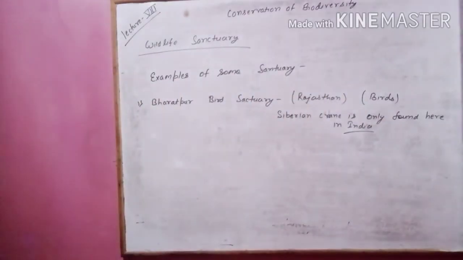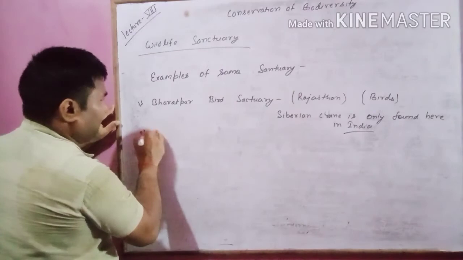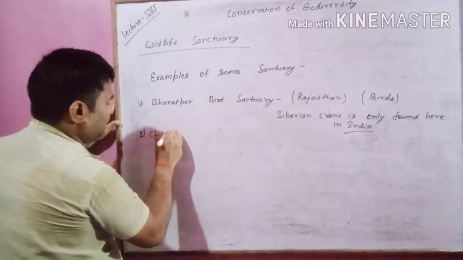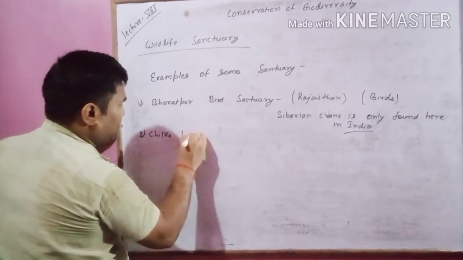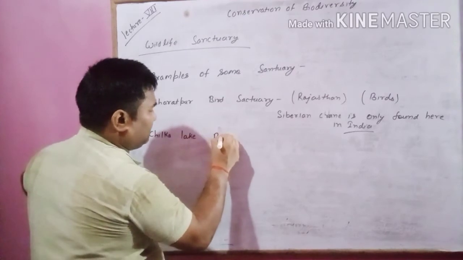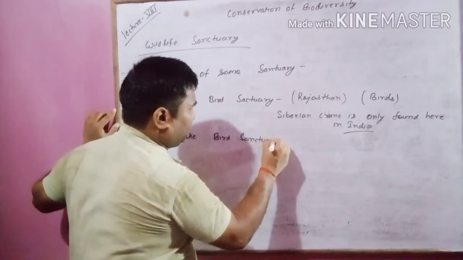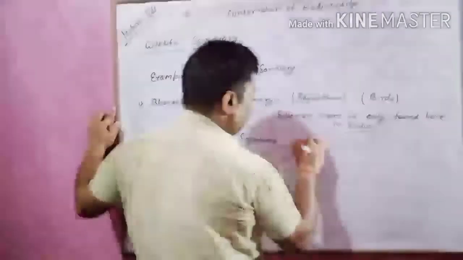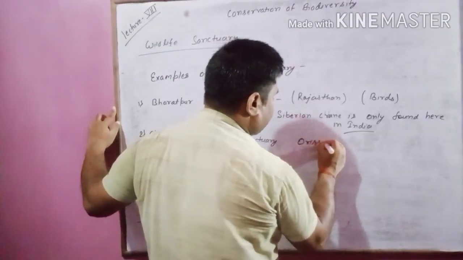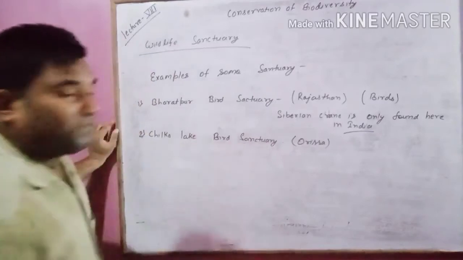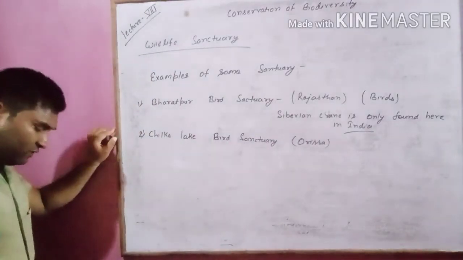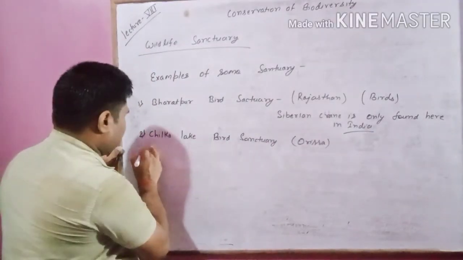Next is Chilka Lake Bird Sanctuary. It is in Odisha. As it says bird, it is also for birds.